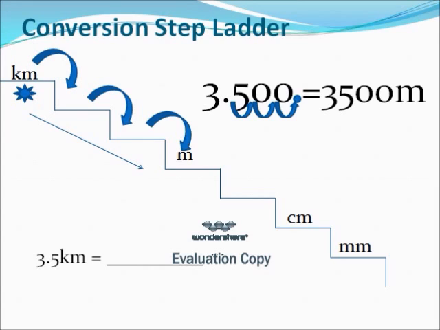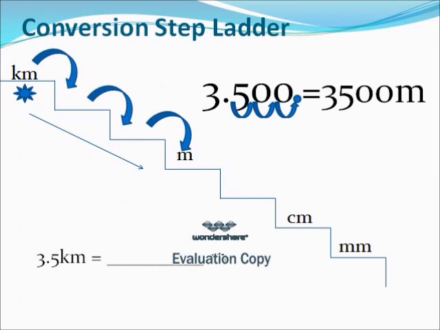Did you see how the decimal point moved each time we went down the stepladder? Okay. Another way to look at it is every time we went down the stepladder, we multiplied by 10. So every time we move down the stepladder, we multiplied by 10, and that also can help.